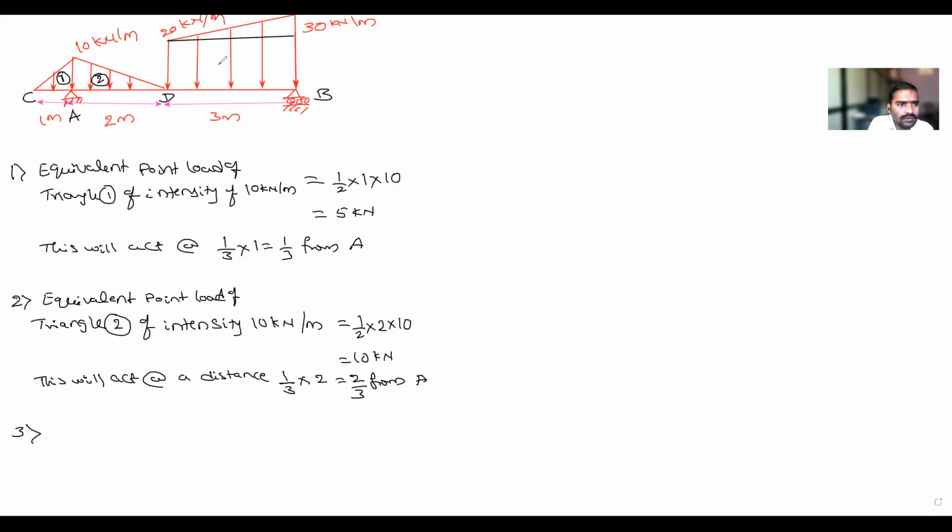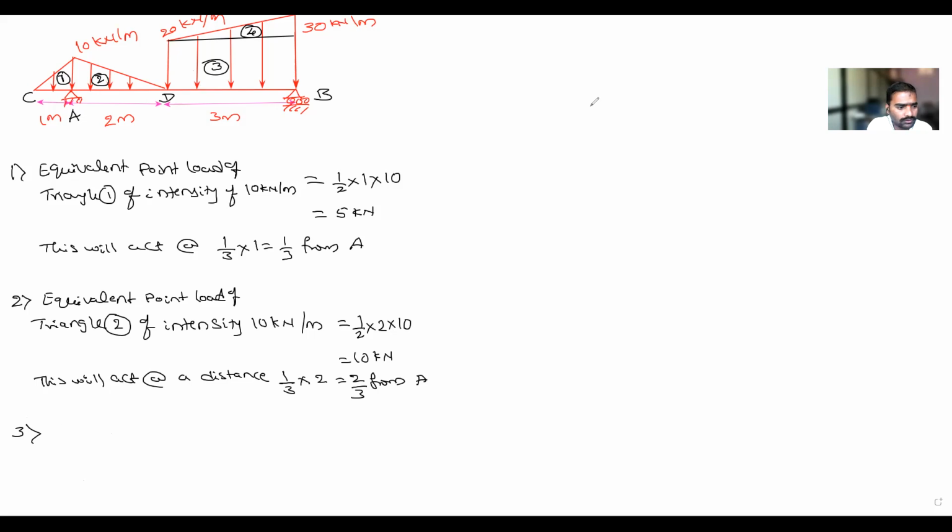Next, third one. Okay. Third one, I will divide this trapezoid load into a UDL and a fourth one, a triangle. So UDL 3, I will take.